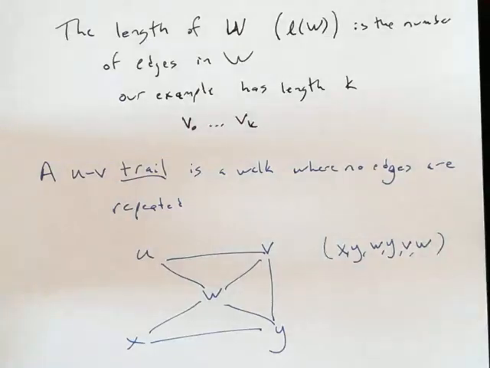Is it a walk or a trail? Or both? Because if it's a trail, it's a walk, right? What is it? A walk or a trail? Let's check. I go from X to Y. I go from Y to W. Up, I go from W back to Y. I repeated an edge. There we go.